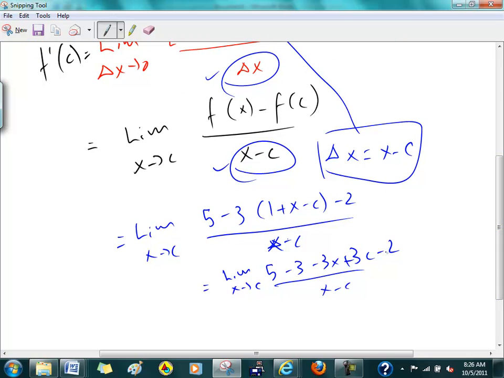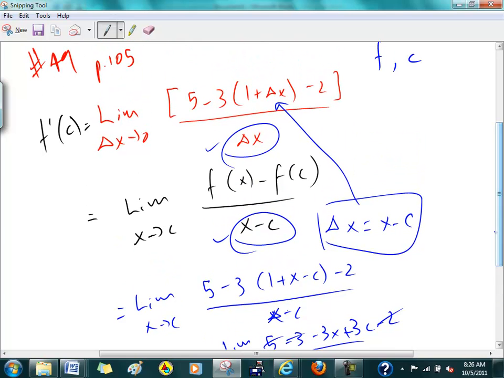And then I'm just going to focus on the upstairs. So the upstairs becomes 5 minus 3 is 2, and then this 2 cancels. And then this guy gives me negative 3x minus c, which is equal to, now I have messed up somewhere here. I need to pause and think about this.